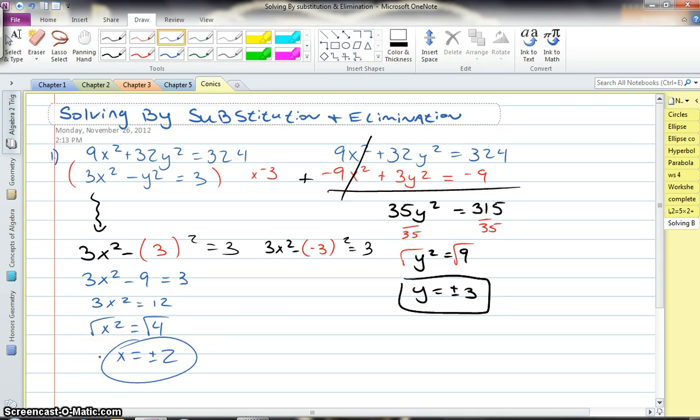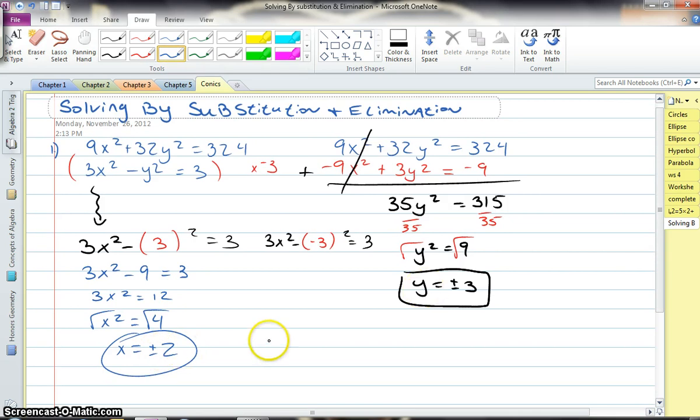Now, we said we had 4 intersection points, so we have to do every combination possible. So I have positive 2 and 3, but also positive 2 would work with negative 3, because over here I would get my plus or minus 2 equal, which also means negative 2 would work with 3, and negative 2 would produce a negative 3.